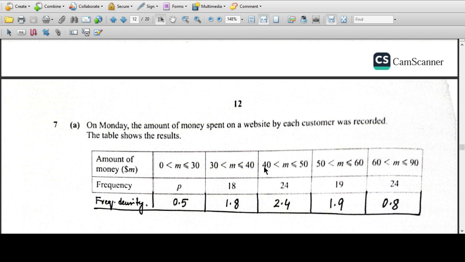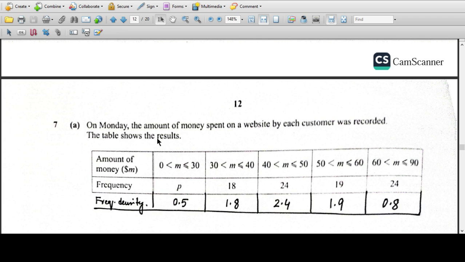For more than $40 and up to $50 it is 24, for $50 to $60 it is 19, and for more than $60 and up to $90 it is 24.